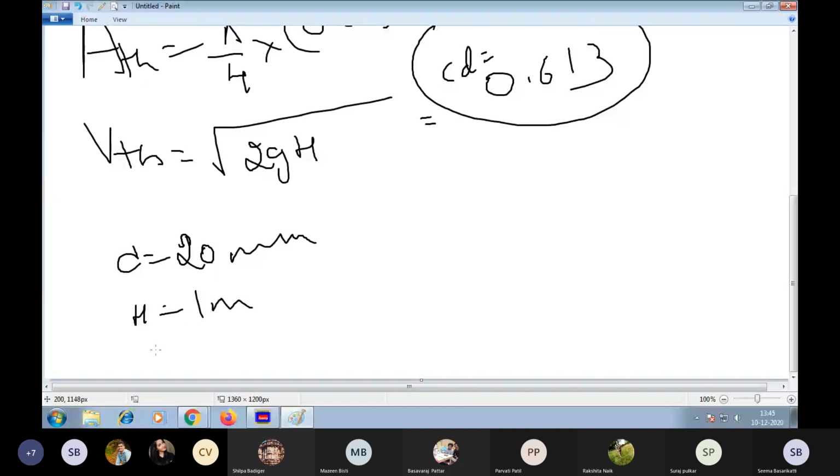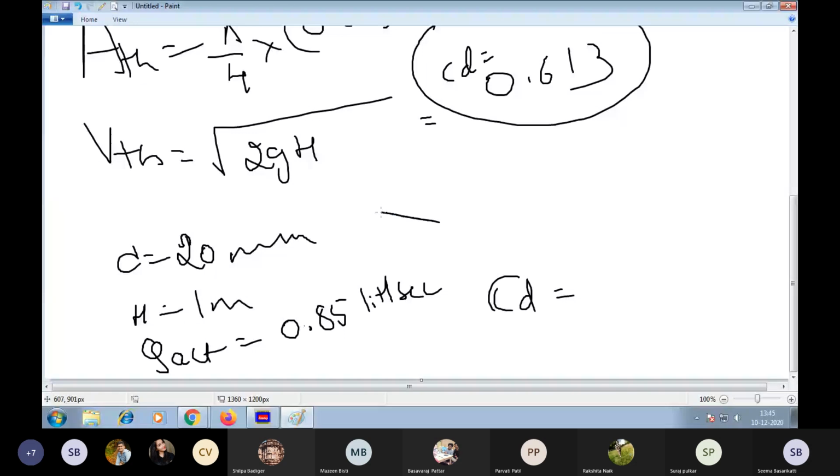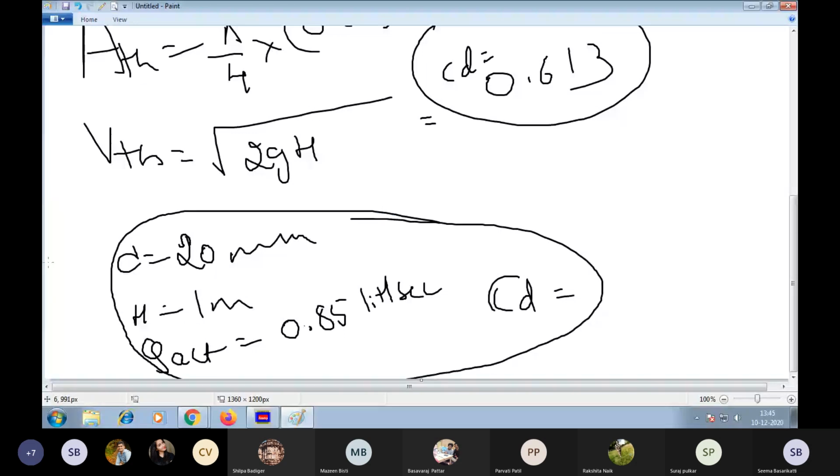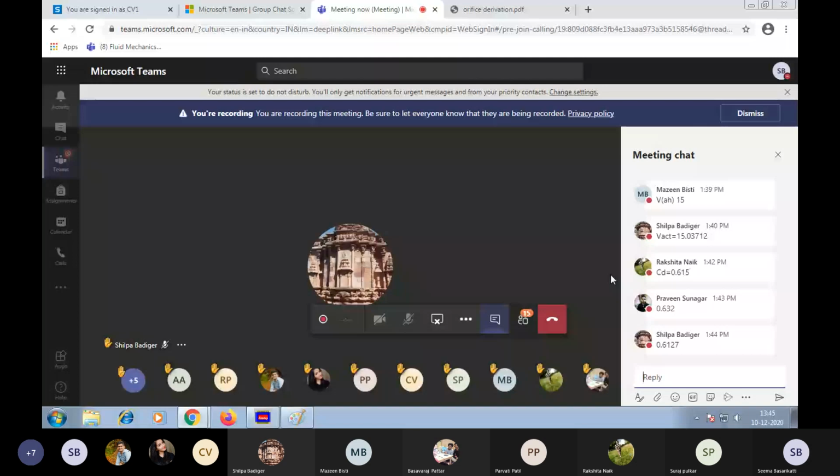Actual discharge is 0.85 liter per second. Identify the coefficient of discharge. Similar problem with different data. So while coming to the next class, come with the answer. I hope many of them have solved it already.